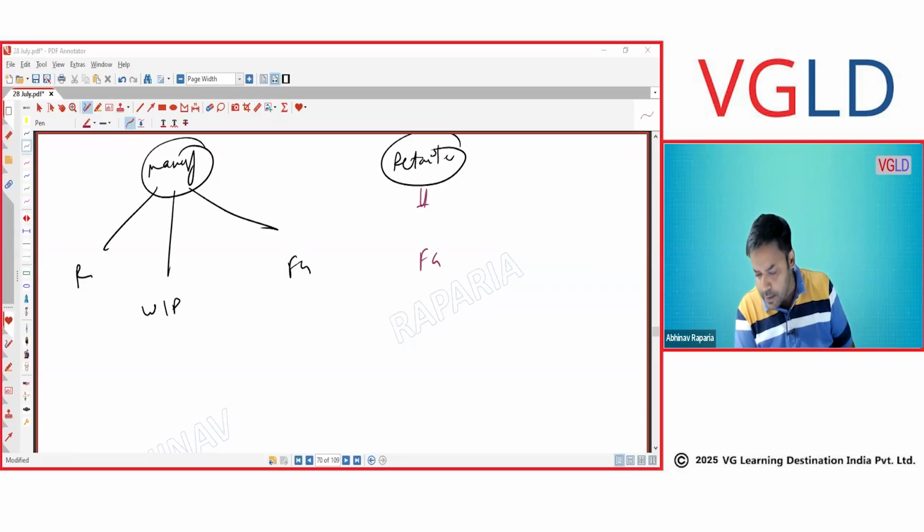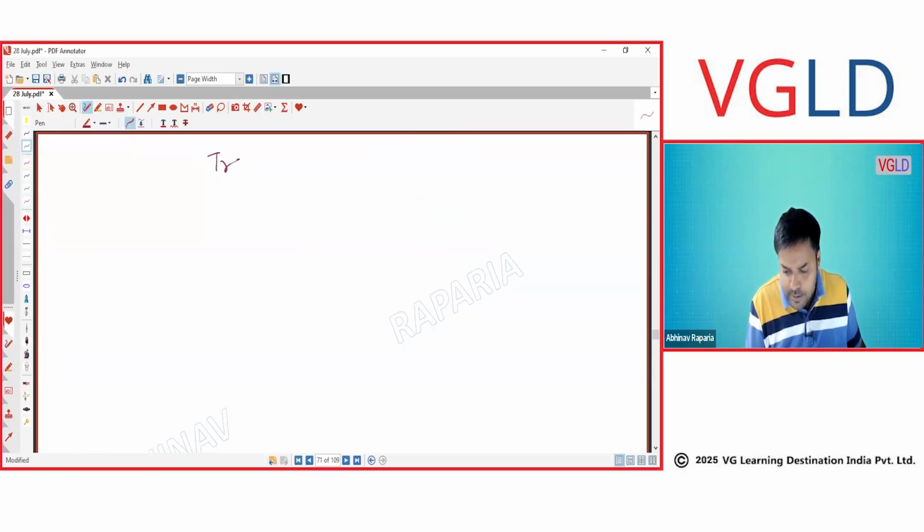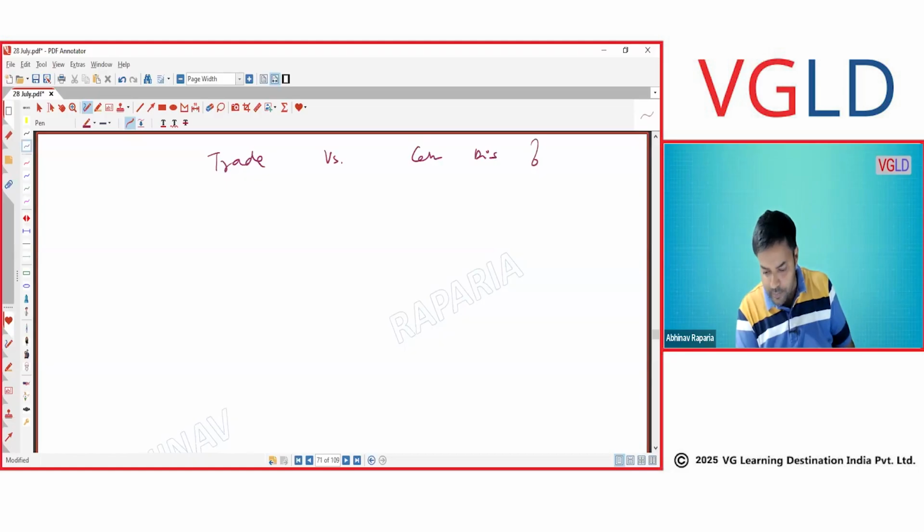Now, there are two things, guys. One is the trade discount. Second is the cash discount. What is the difference between the trade discount and the cash discount?